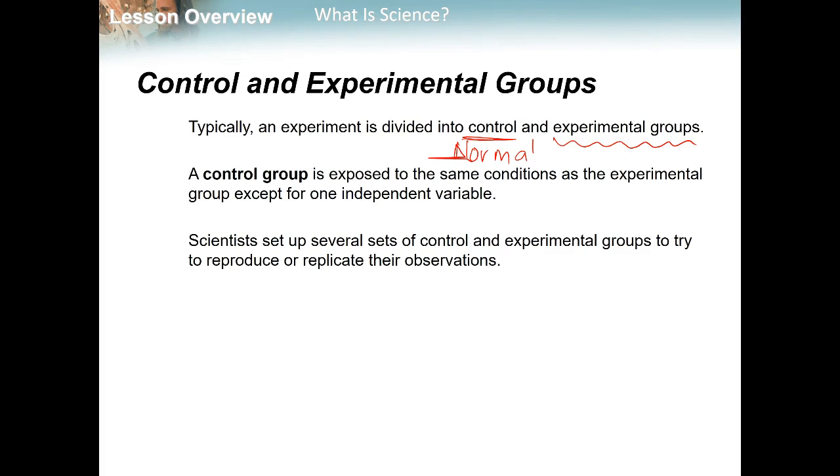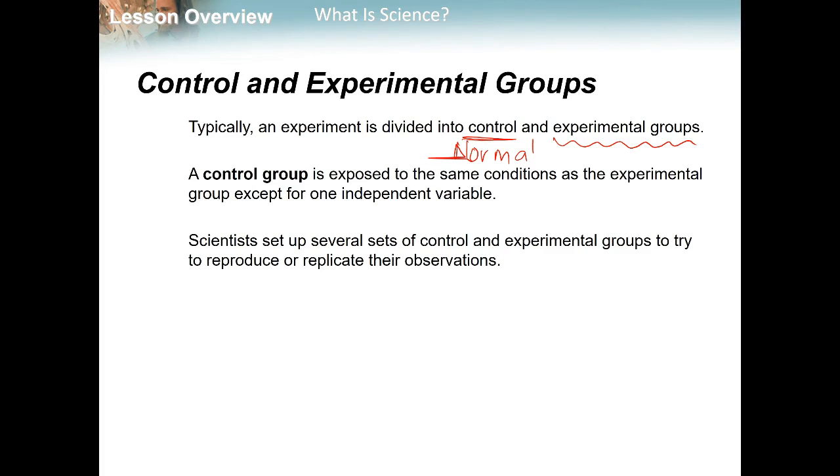And my manipulated variable, my independent variable, is going to be the change of intensity of that light, the dark versus the bright light. And then whether the plant grows or not is going to be my responding variable. So that control is in normal conditions.